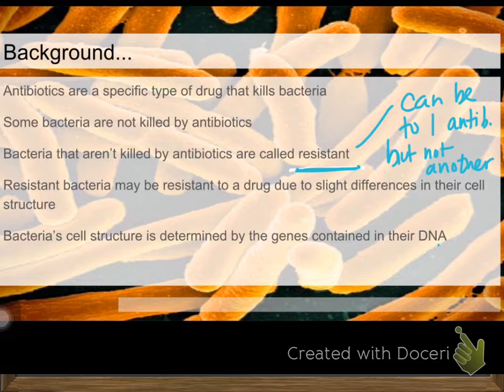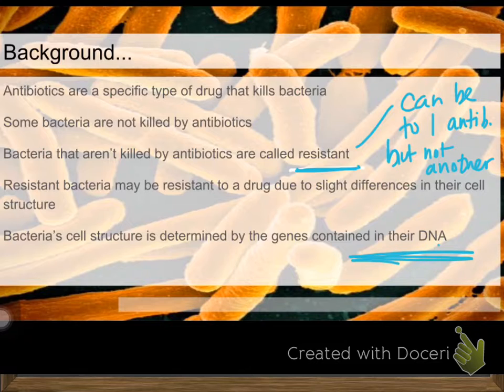They have some kind. So bacteria have a cell wall. We'll talk more about that in a little bit. This is frustrating. But if they have differences in their cell wall, sometimes it makes them harder to kill. Well, what determines how their cell wall is formed? Their DNA, their genes.